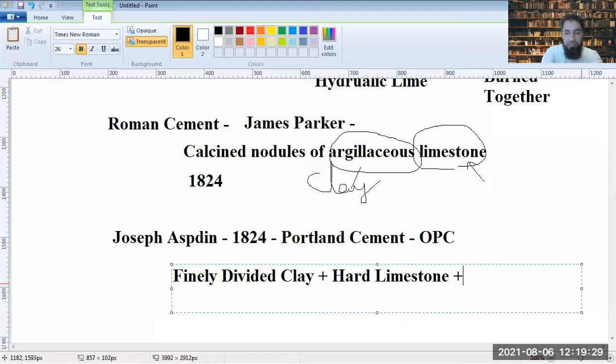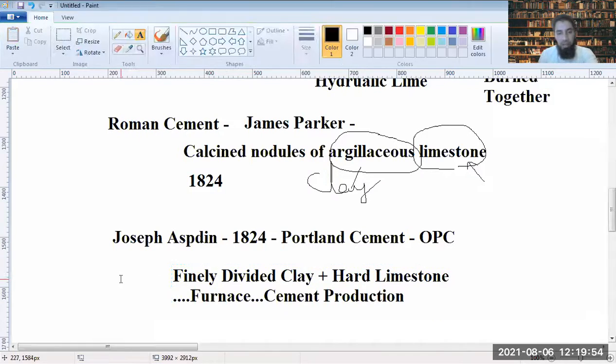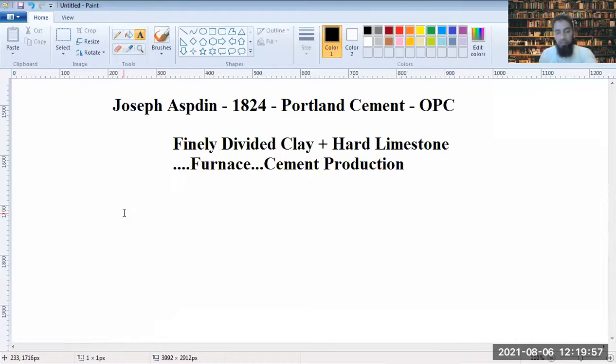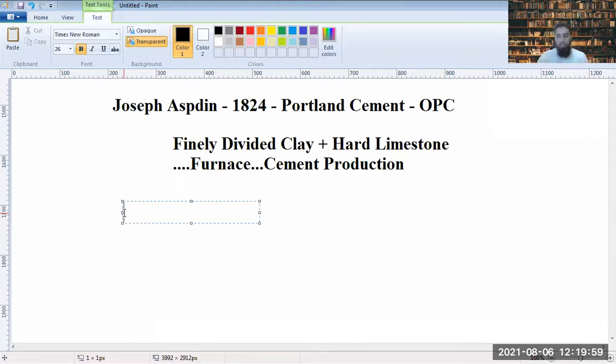When these two were combined in a furnace, taken to a particular temperature of heating, the cement production happens. This laid the foundation of the modern cement. So the hard limestone and the finely divided clay was used by him to obtain the Portland cement.